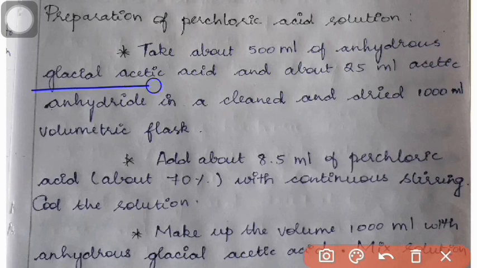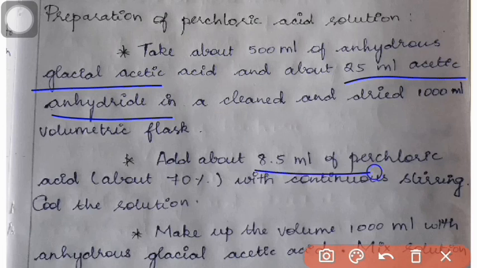So we need to have glacial acetic acid and 25 ml of acetic anhydride, so that it removes any water present in the glacial acetic acid or any other solvent used, especially with perchloric acid. So 8.5 ml of perchloric acid is used, and we have to dilute it with glacial acetic acid to 1000 ml.